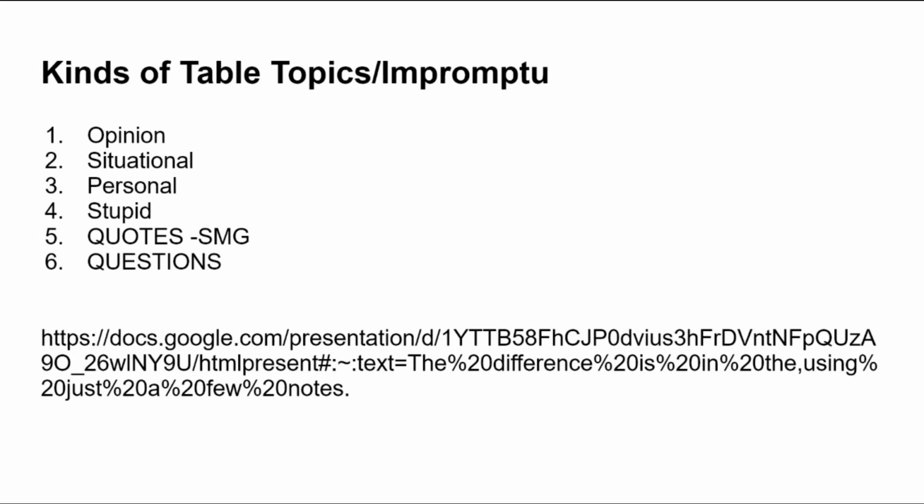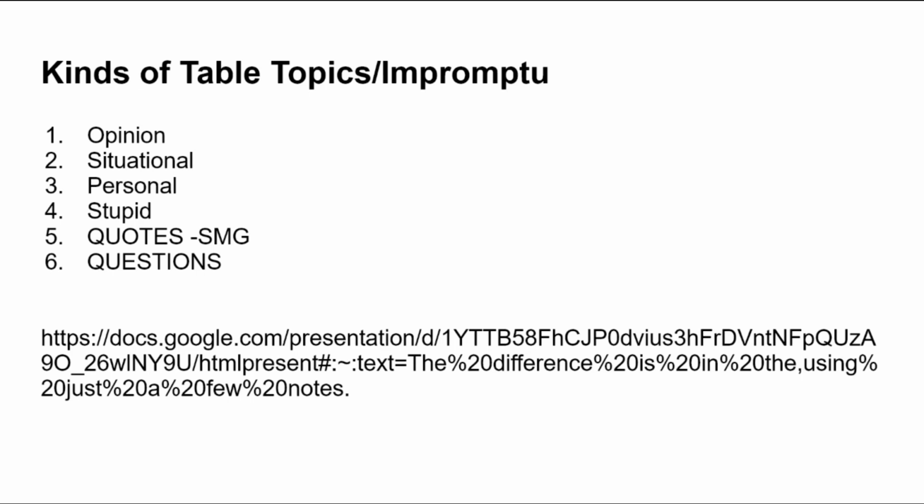This has something to do with your own life, or it could be your friends, your family. Number four is stupid questions, like they're going to ask you, "Would you rather be a drop of water or a dust in the wind?" So those are stupid questions.